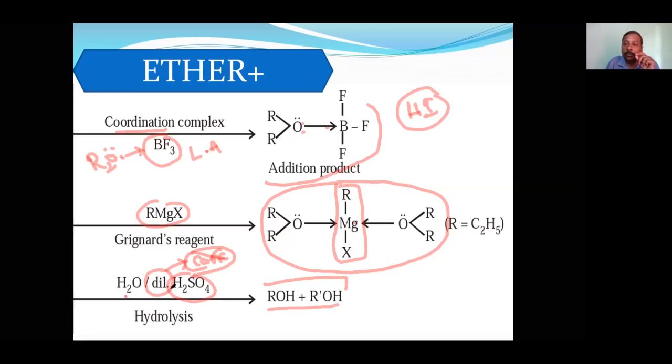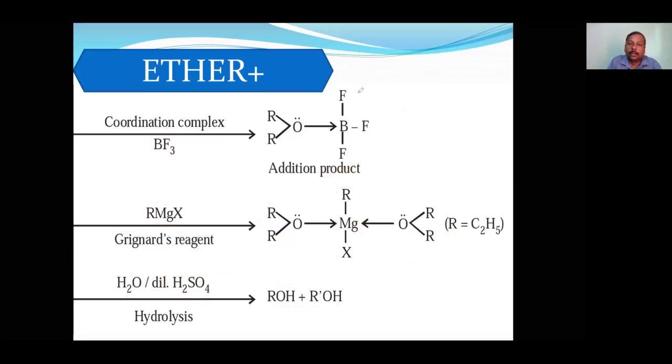Dilute sulfuric acid converts ether into alcohol, but alcohols are converted to ether by using concentrated sulfuric acid. That is the change. See, the reagent is the same, only the concentration changes, and the purpose becomes opposite. That's why in organic we have to be very careful. What is written on the arrow is very, very important. Okay. Now let's see the next slide.